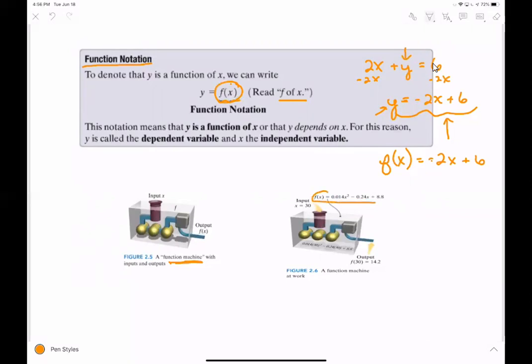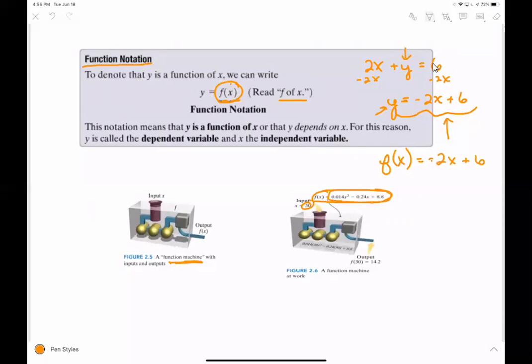So here's our function. All right, of course, this is a quadratic equation, and it's the function 0.014x squared minus 0.24x plus 8.8. So what we can do is, everywhere we have an x in the function, we can substitute the 30.